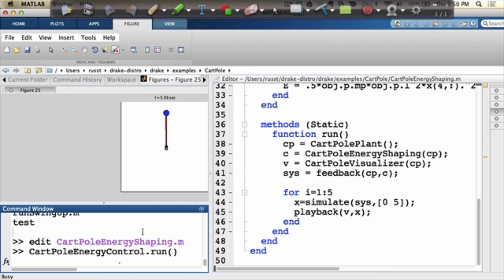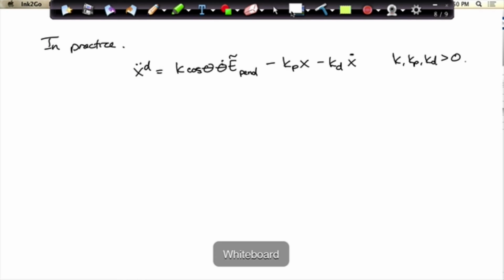Anybody have any questions while it's computing the region of attraction?